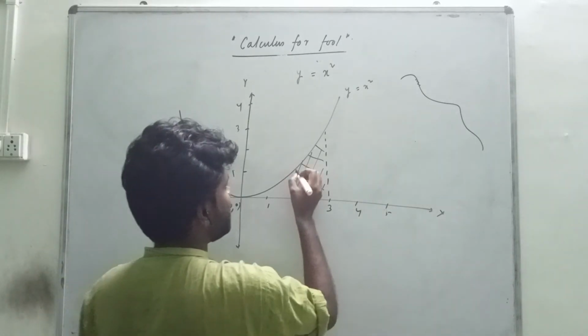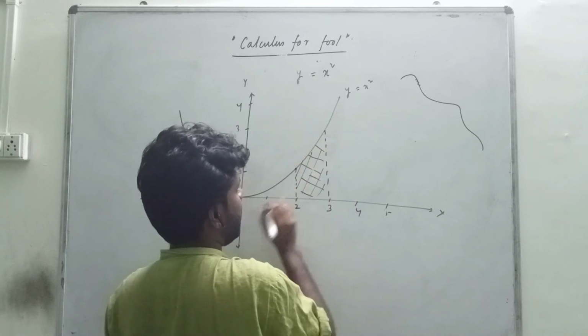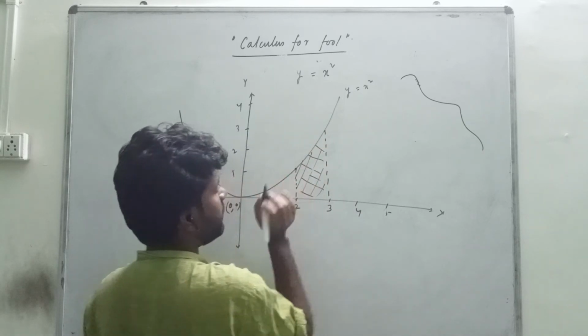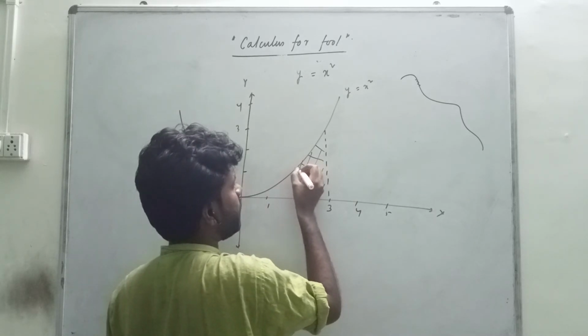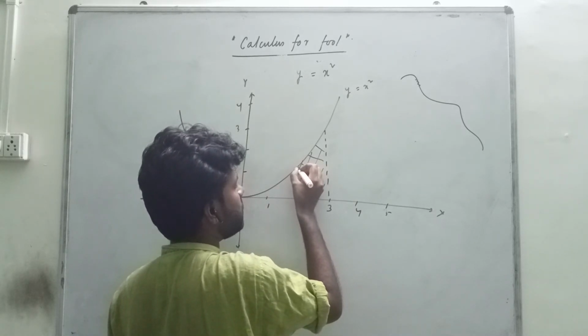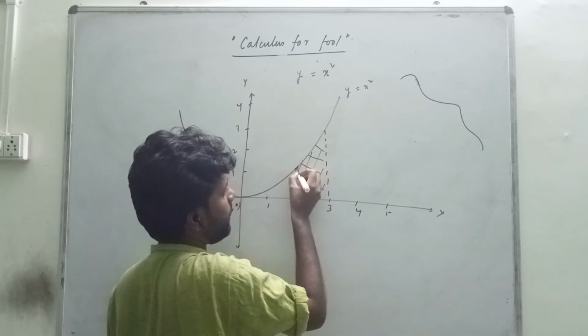If I introduce a point just beside this point, just 2 consecutive points here, you will get a straight line here, right?